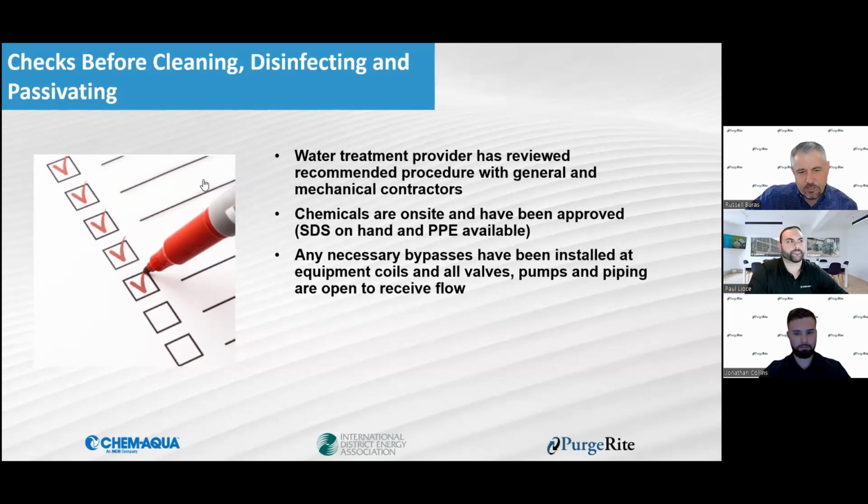The other things you need to check out is to make sure that the water treatment providers reviewed the procedures with the mechanical contractors. Again, that would be on ChemAqua's to-do list, and we just did that project at Princeton with that team. And that the chemicals are on site, you got all your SDSs and everything ready to go.